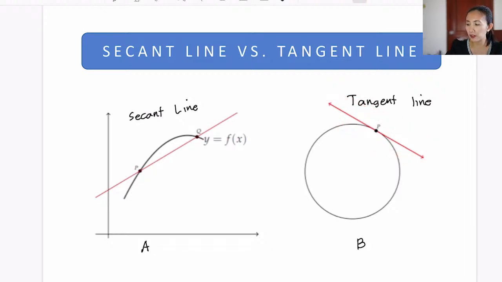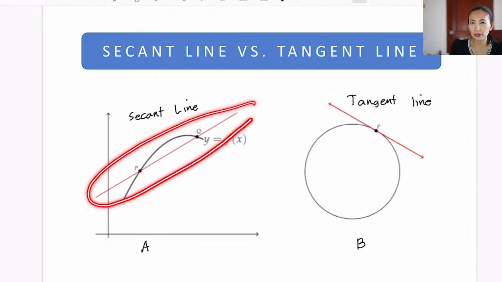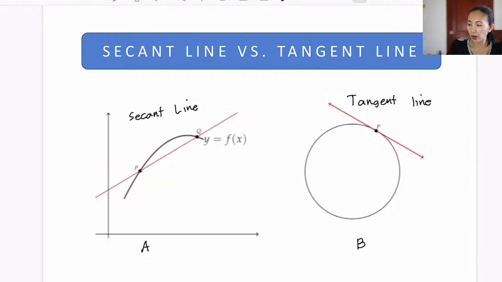Whereas when we speak of a secant line, it intersects the curve at 2 points. So obviously, this red line crosses or intersects the curve, the function y equal to f of x, at two distinct points. And what are they?